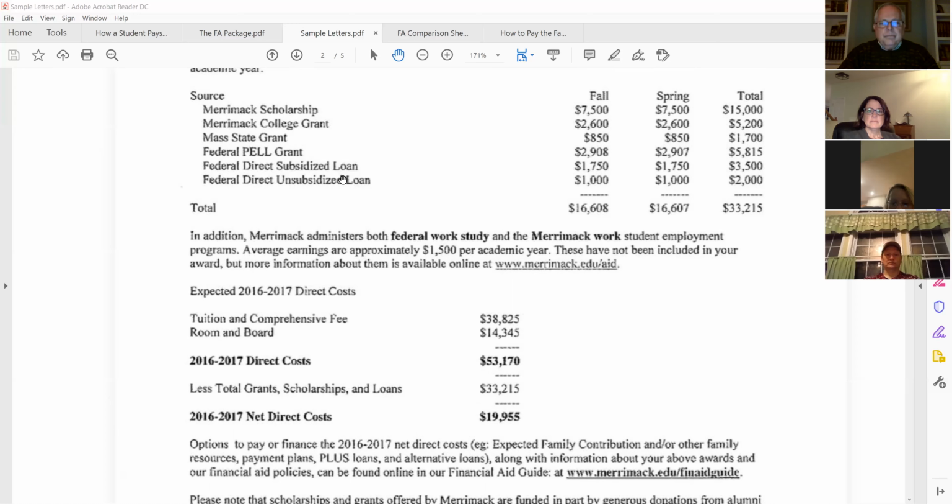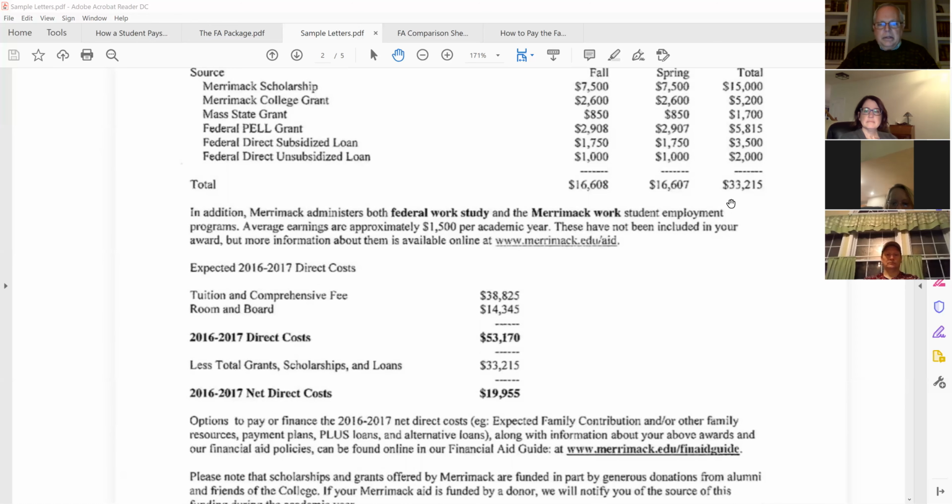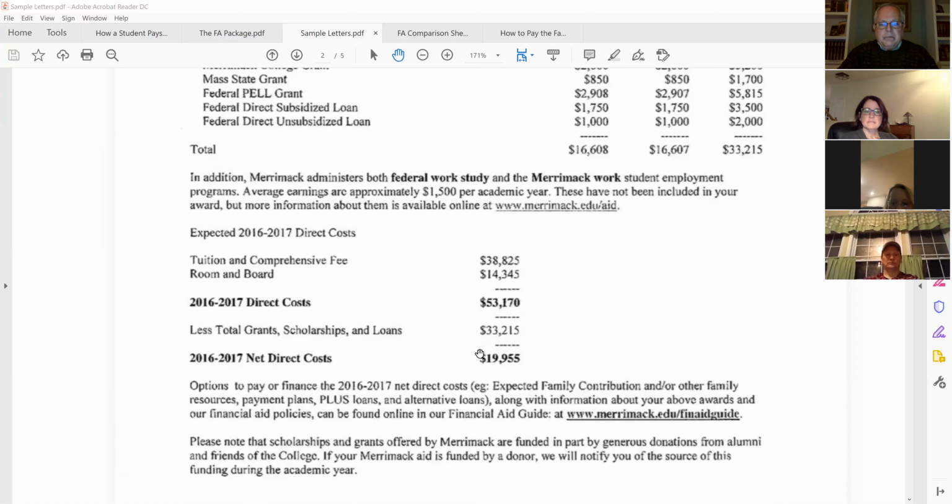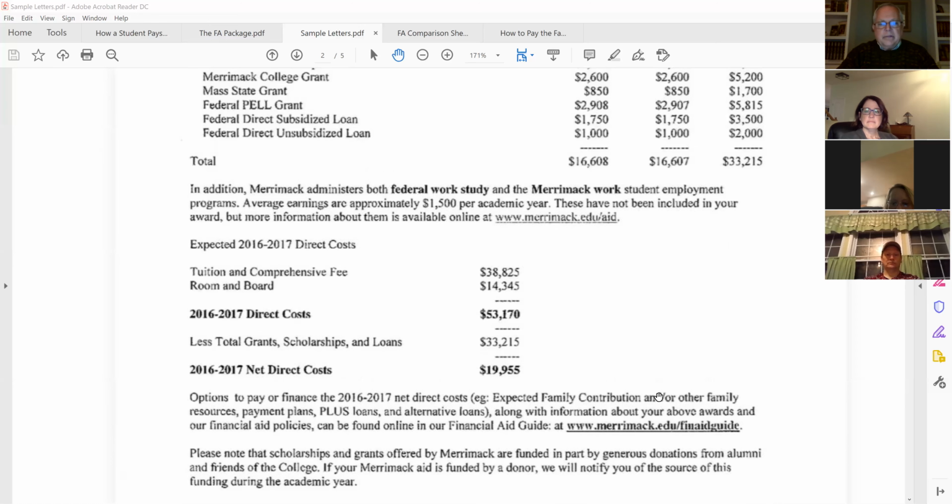The loan term is there, so it's pretty easy in this case to separate the gift aid from the self-help. But again, they give you the total cost, and then they actually do the math for you, so you know what the family's share is here, which is nice. I like that. That makes it easy. They say, okay, and this does not include the parent loan, right?